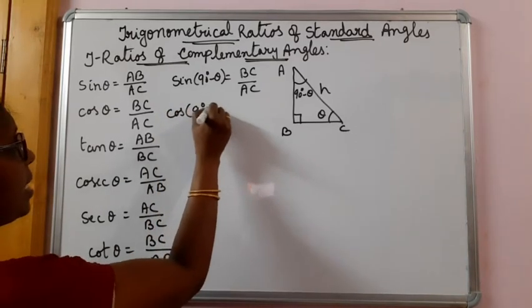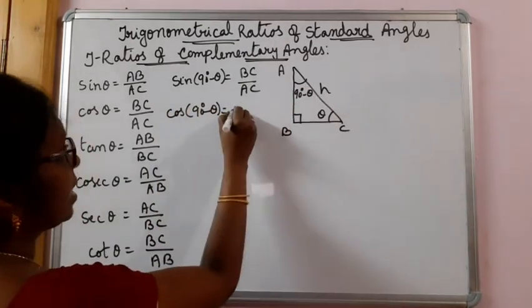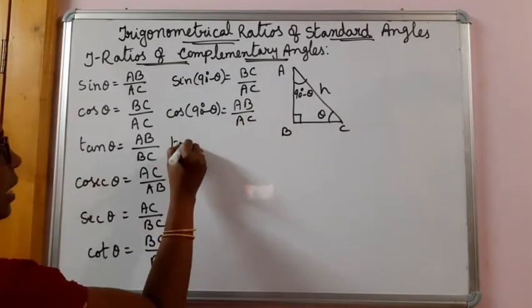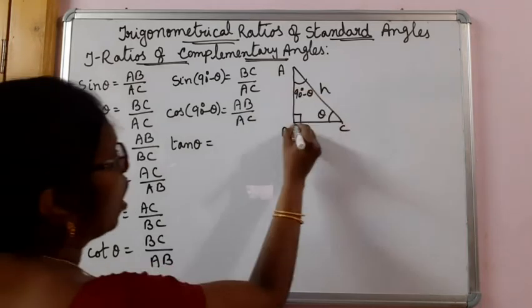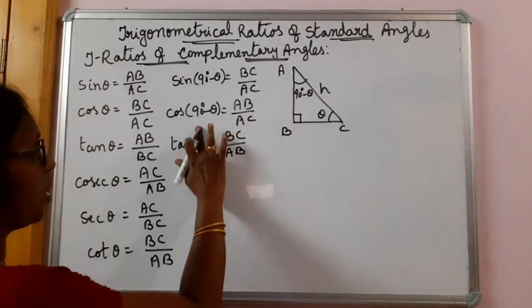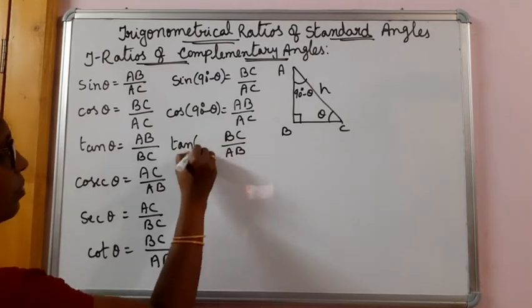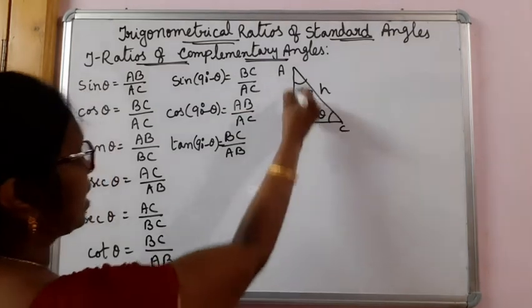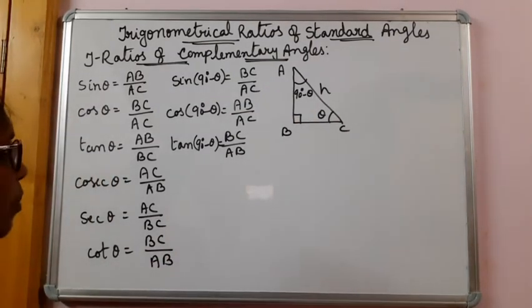Cos of 90 minus theta is adjacent side AB by AC. Tan of 90 minus theta is opposite side by adjacent side. For this 90 minus theta, the opposite side is BC and the adjacent side is AB.